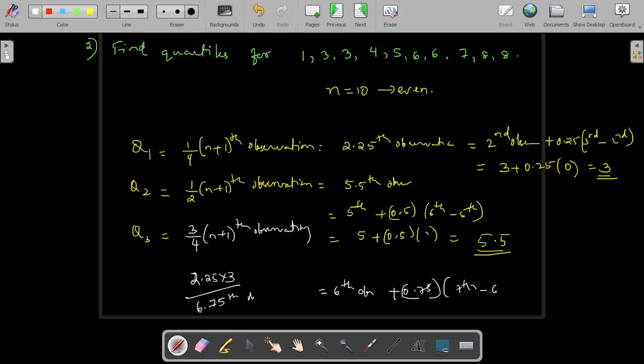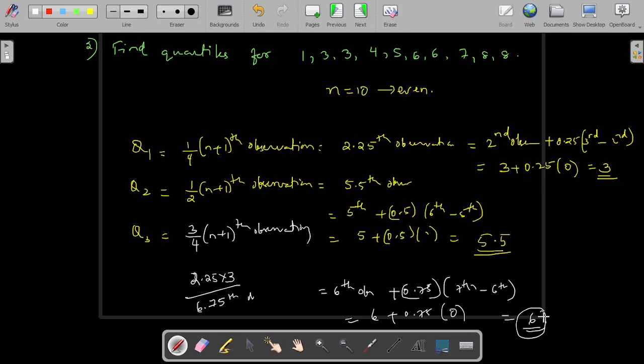The 6th observation is 6, plus 0.75 into (6 minus 6), which is 0, so it is equal to 6.